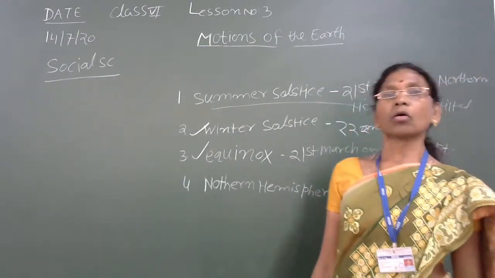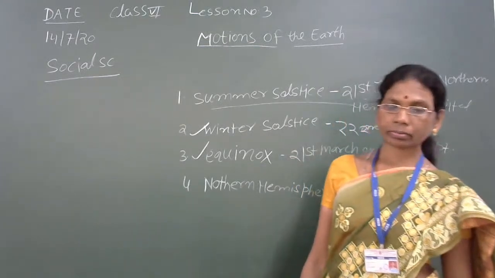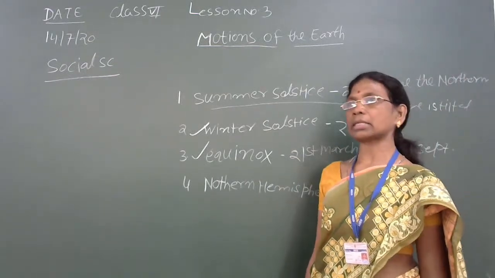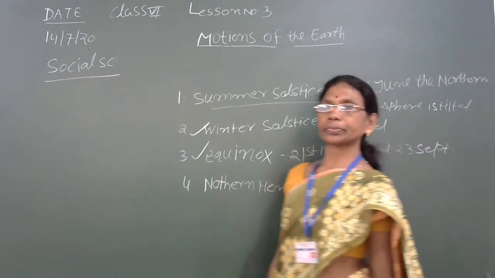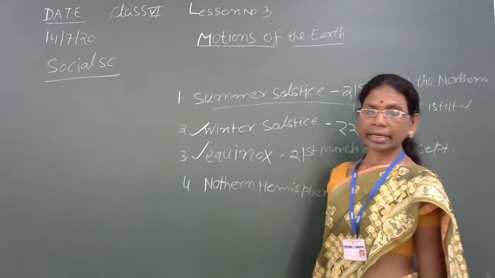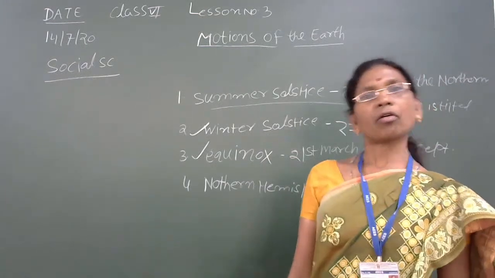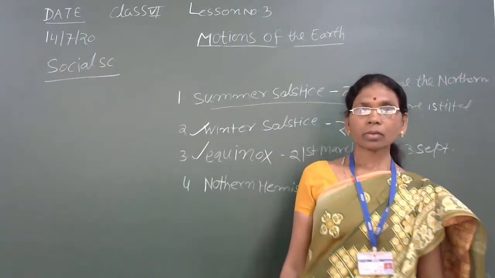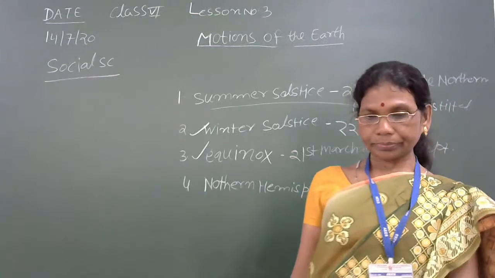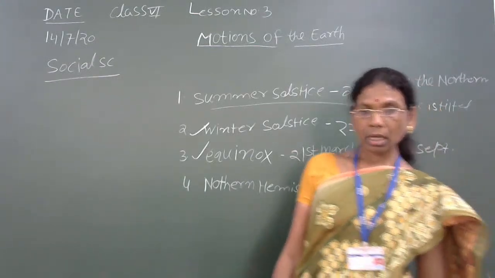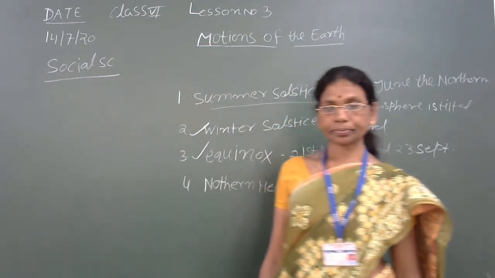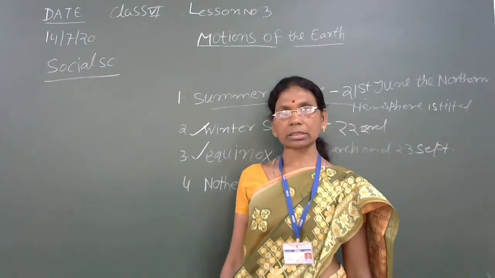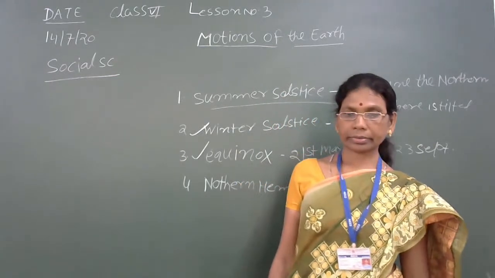You can write: on 21st March and September 23rd, direct rays of the sun fall on the equator. At this position, neither of the poles is tilted towards the sun.